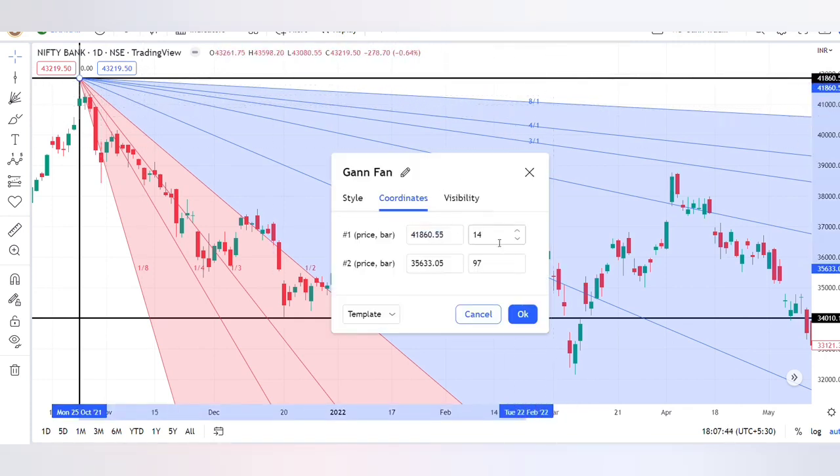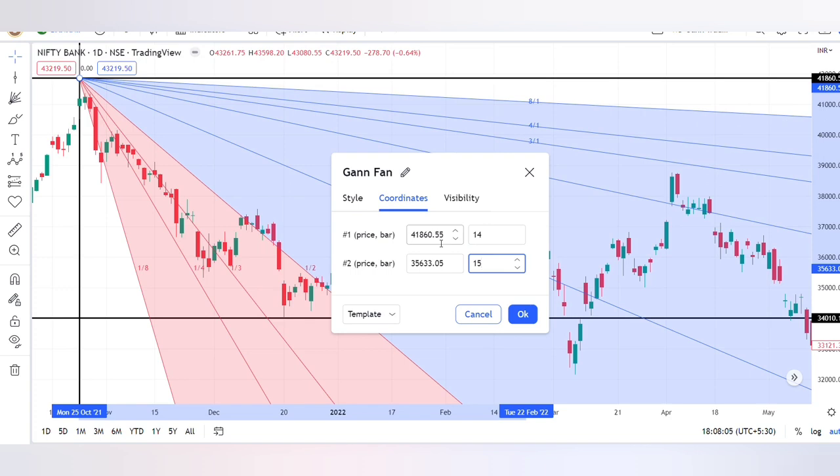So if we are increasing the time by 1 unit, that is 14 plus 1, 15, then we will decrease the price by 1 unit, that is the square root of 41,860.55, which is equal to 204.6.